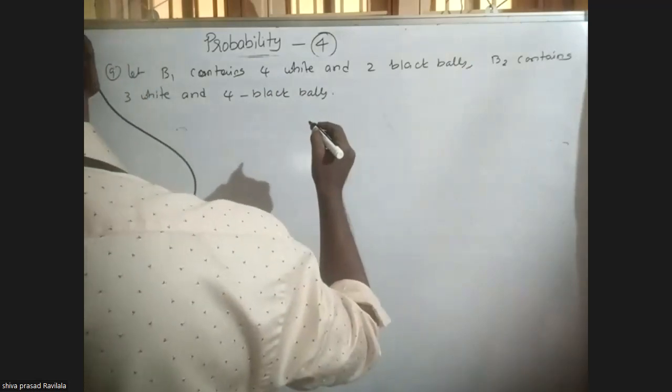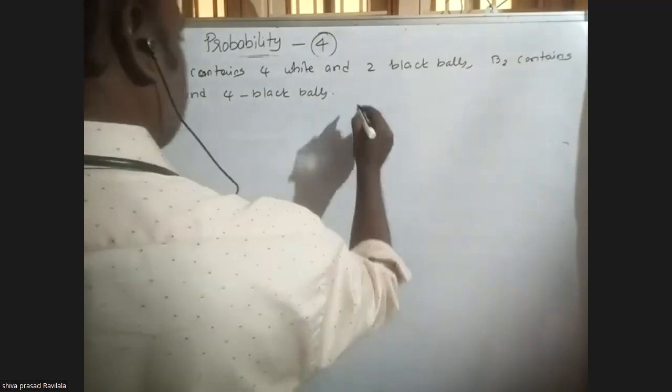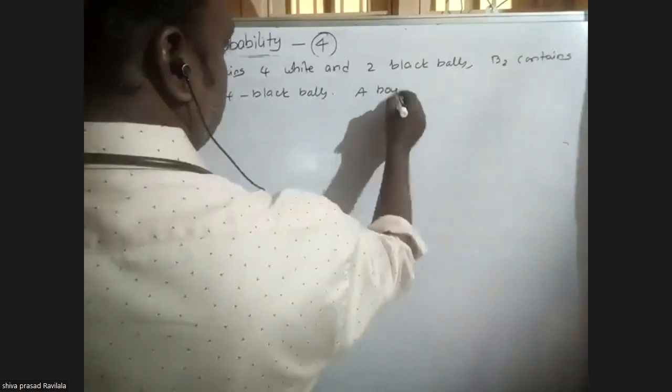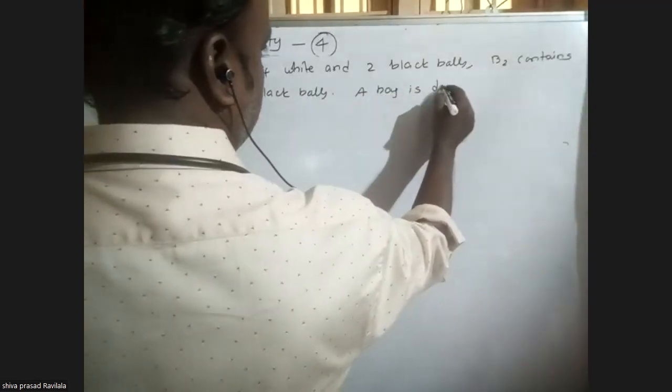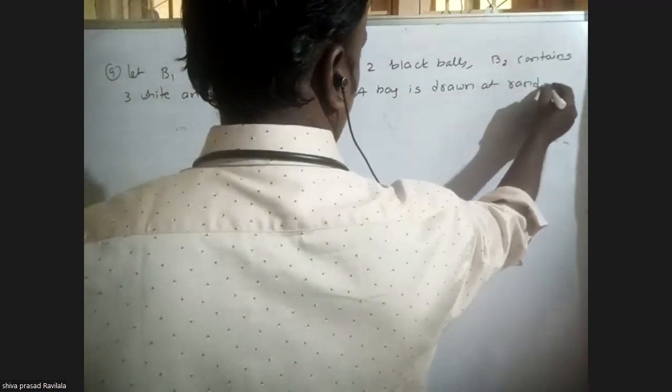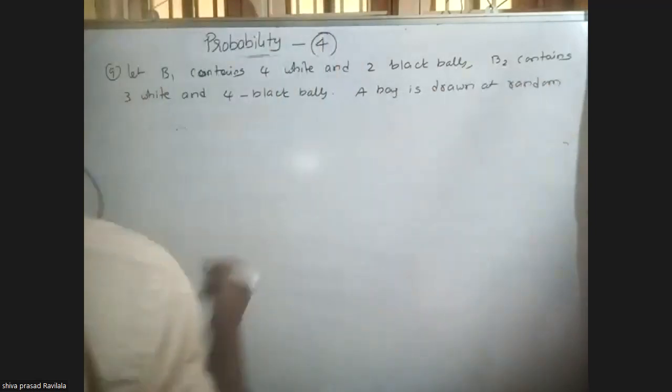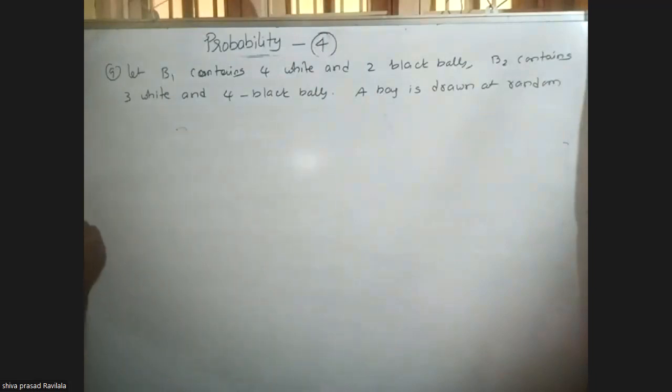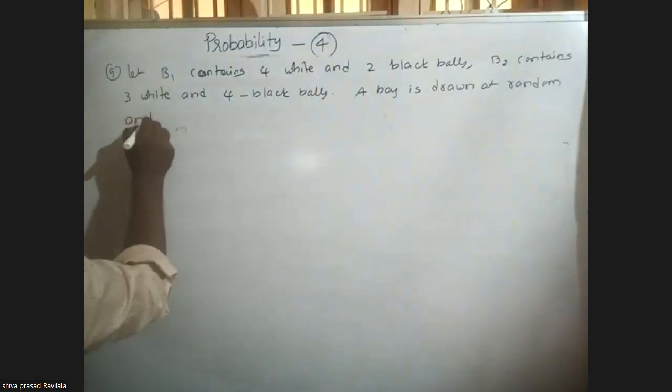A bag is drawn at random. There are 2 bags, first one B1 and second one B2. A bag is chosen randomly, and a ball is chosen.